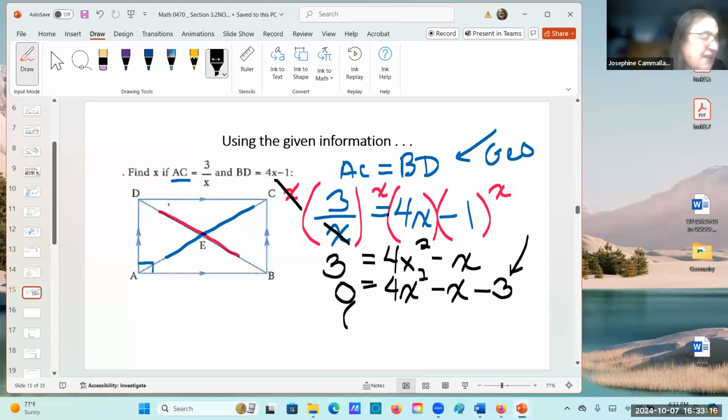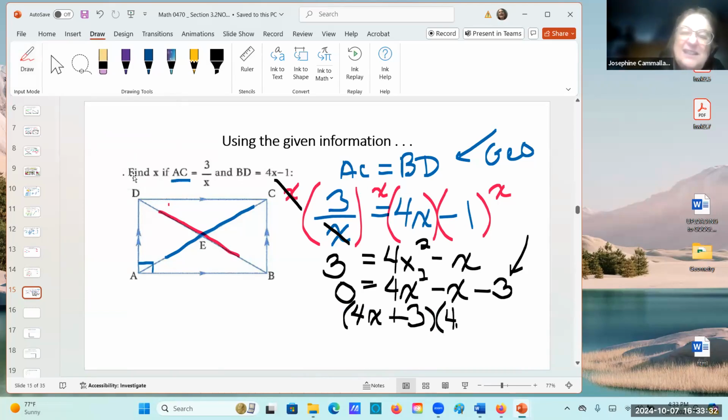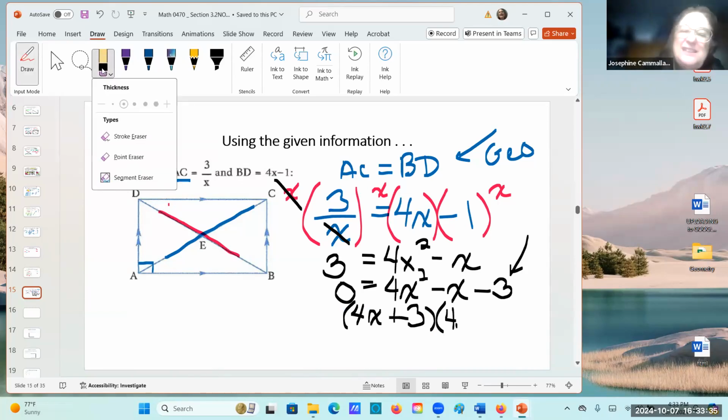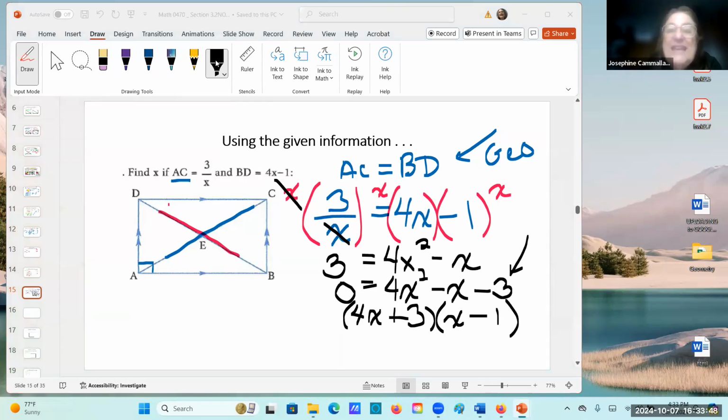Now, this factors into 4x plus 3, and x minus 1. If I FOIL it, it will give me 4x squared minus x minus 3.